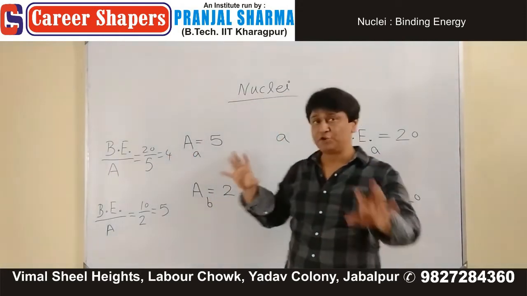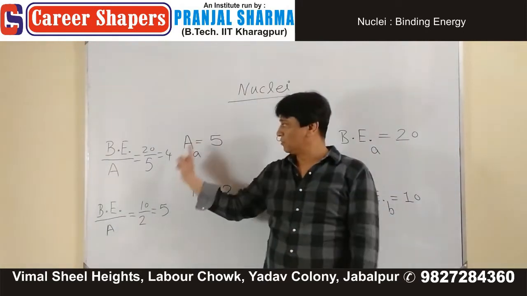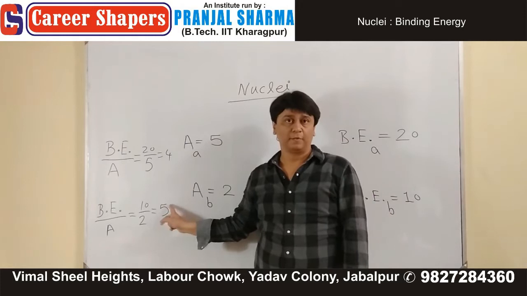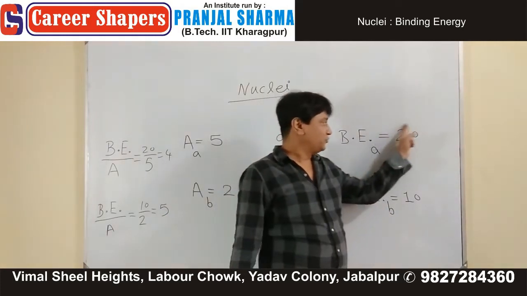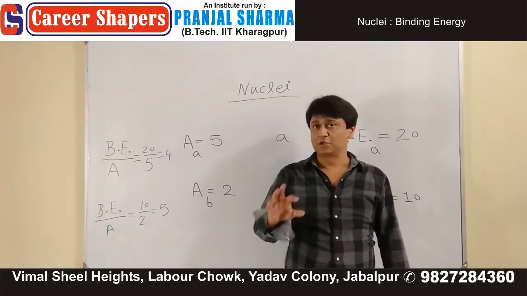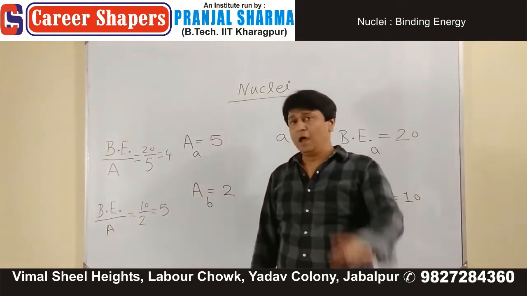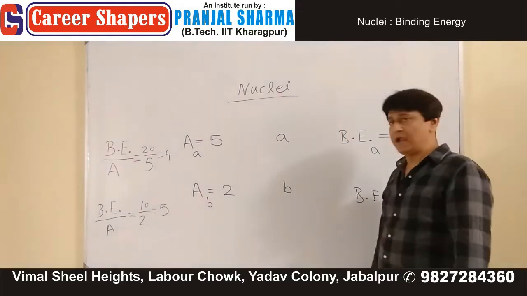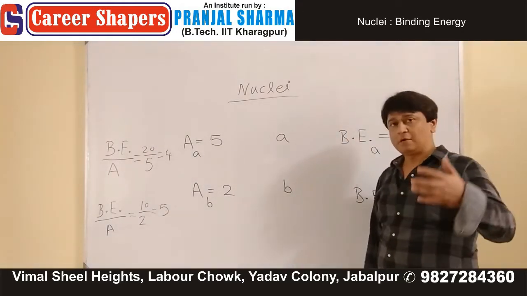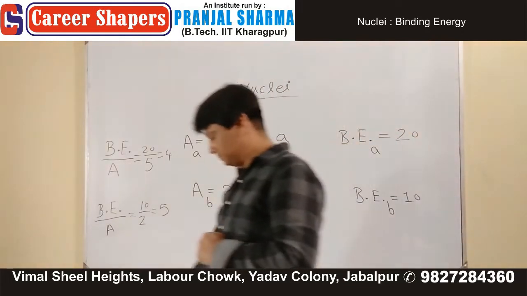Look at the data which I have given you. 20 is greater than 10, but 4 is less than 5. So once you go for the stability part, we always look for binding energy per nucleon. I'll try to explain this again so that you feel comfortable, but let's write down the statement first.